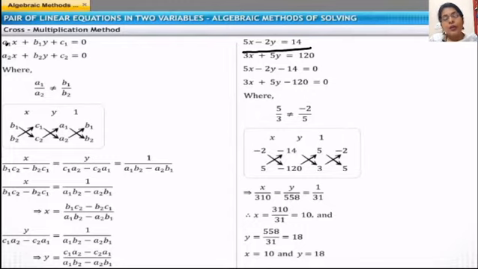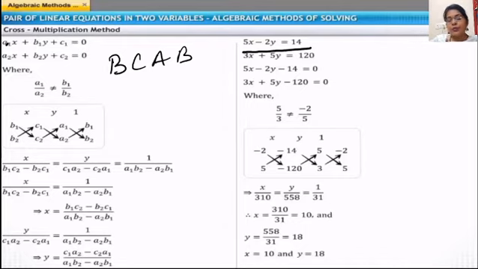Now, one thing children normally forget is where to put which one. So just remember BCAB. BCAB means first B1, B2, then C1, C2, then A1, A2, and then B1, B2. Very easily you will be able to solve the question. So first step is bringing the equation into the general form.